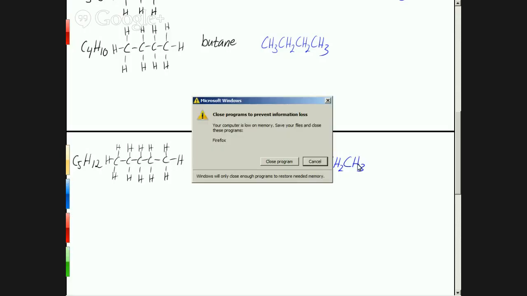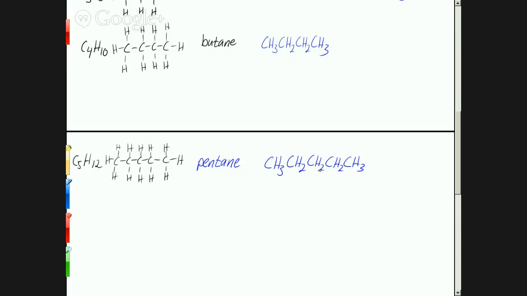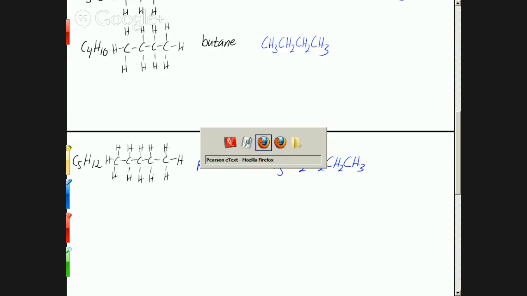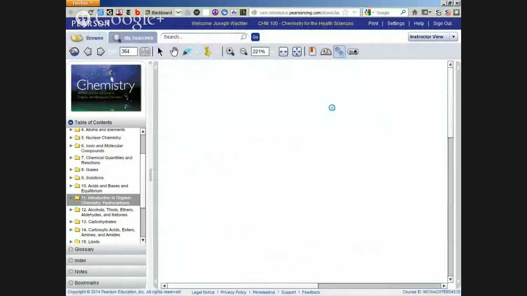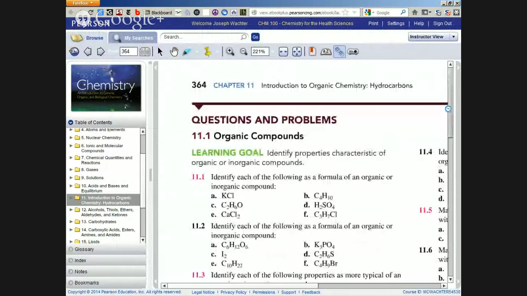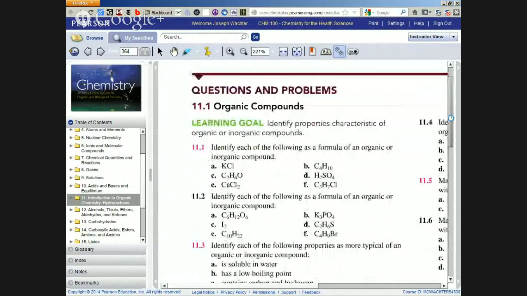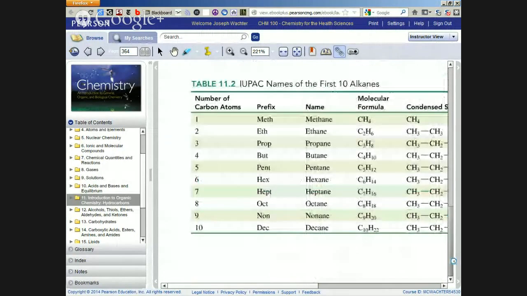You have to check on Blackboard, but I believe that you need to know the first 6 names. So let me put a chart on here so you can see them. So here's a nice table from your book.